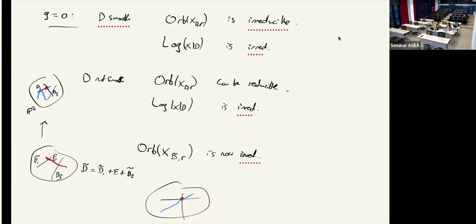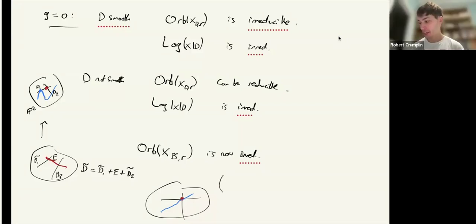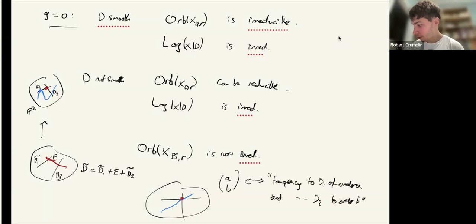Because when you have more components, you specify the tangency not by a single number now, but with a tuple A and B, where you should think of tangency to D1 of order A and D2 to order B. So if you have just 1, 0, that's saying you have zero tangency to one of them and some tangency to the other, so it can't pass through the red point, but if you have 1, 1, that's saying you must go through this red point.